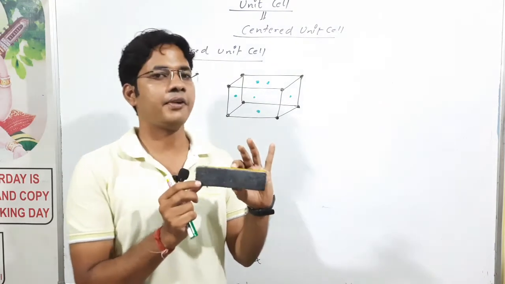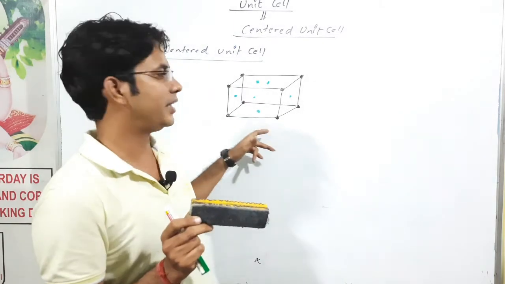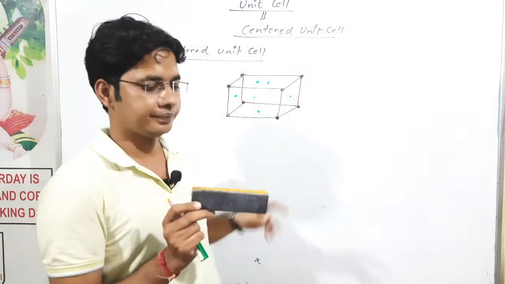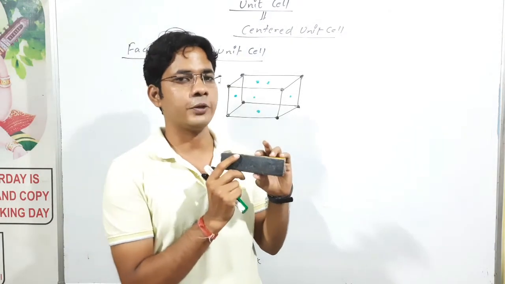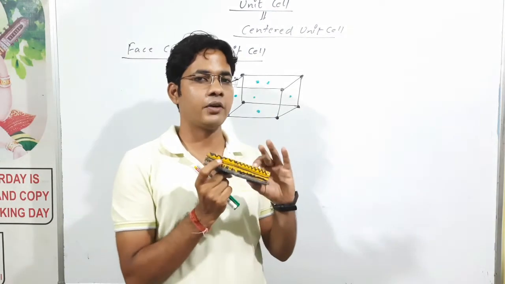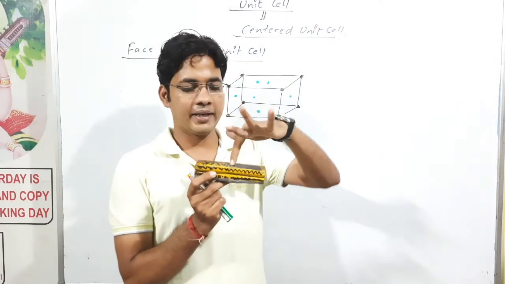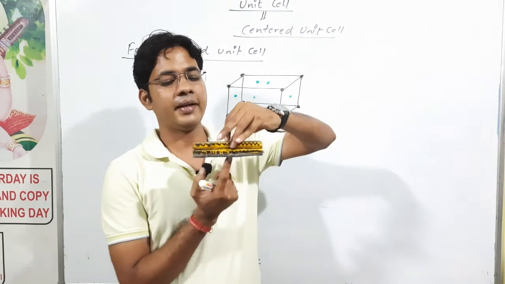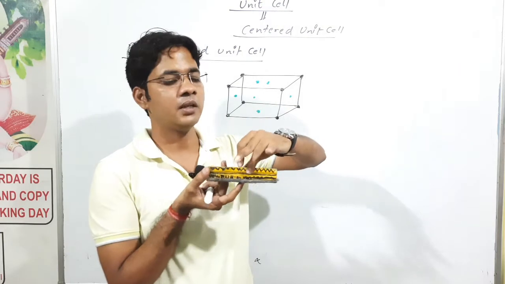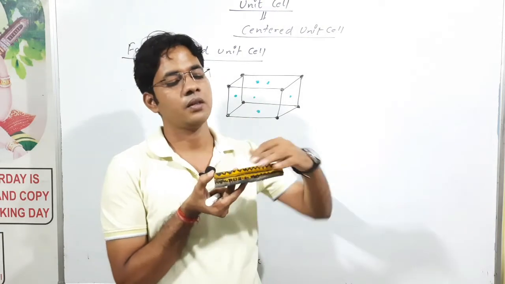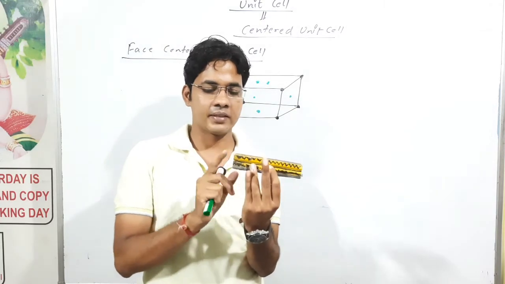So the total number of atoms is 8, which is the case of the primitive unit cell, which I have denoted by the black color. Now, if we assume atoms are also present at the faces, which I have denoted by the green color, one atom is at this face, second atom at this face, one at the front face, one at the bottom, one at the back face, and so on.